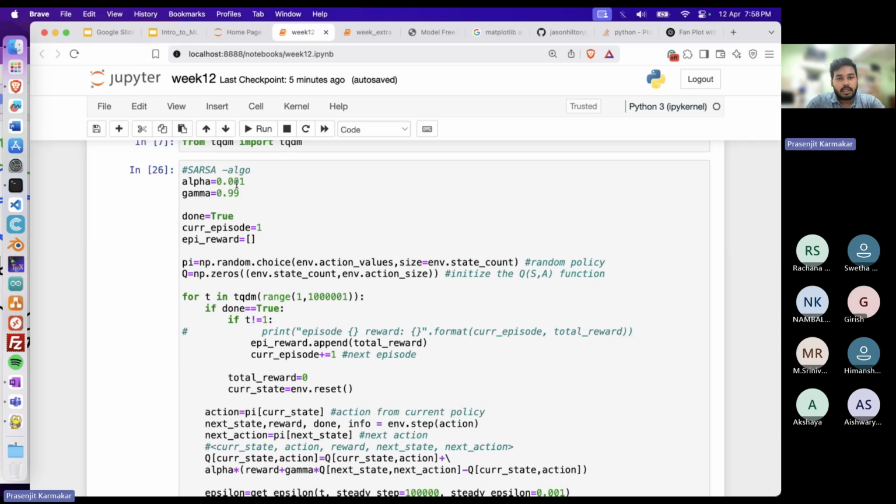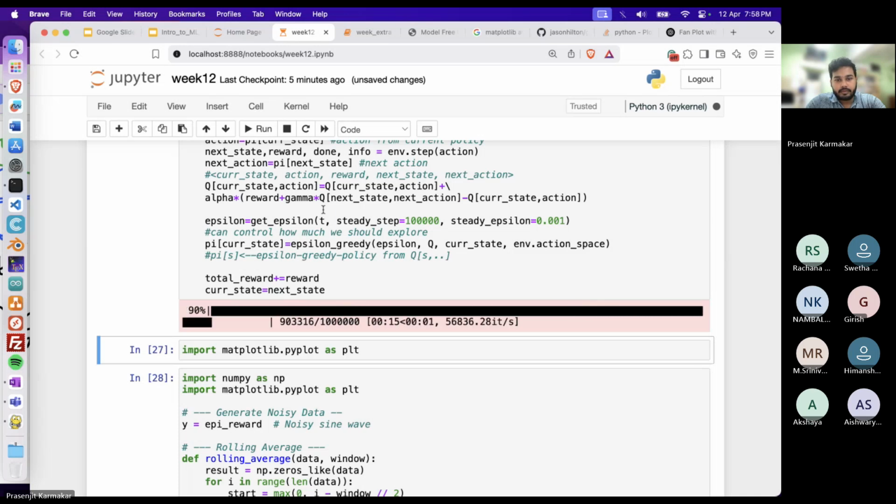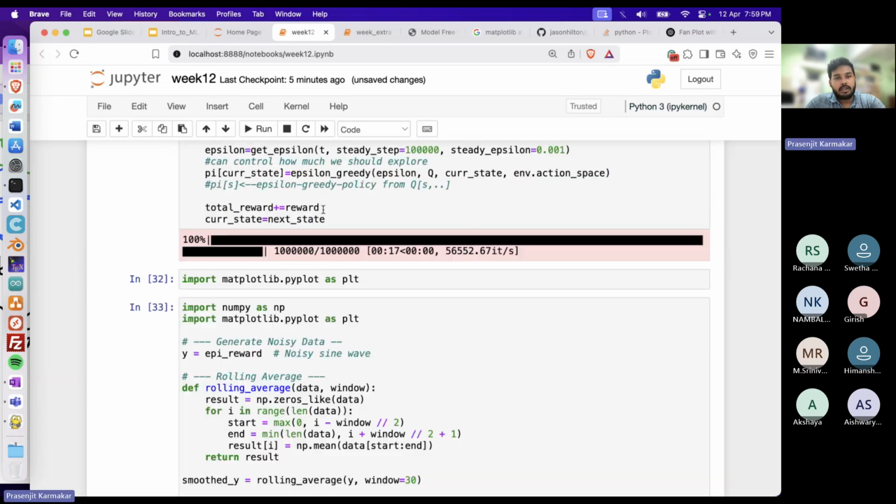So one good thing I can do, let's see whether reducing the learning rate helps or not. No, reducing learning rate didn't help.